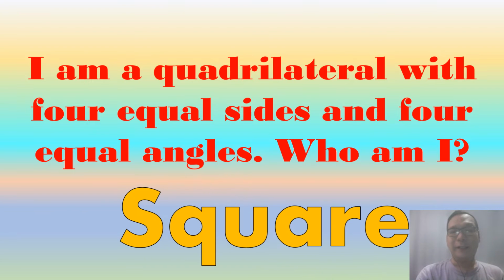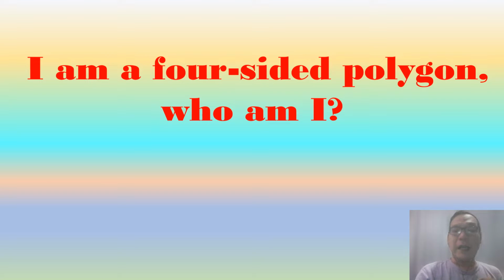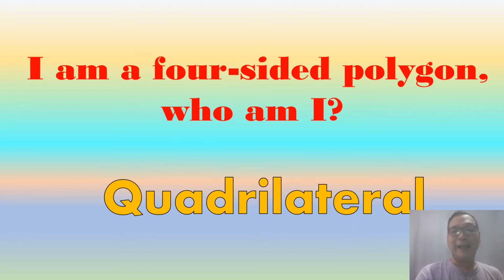Very good. I am a square. Next, I am a three-sided polygon. Who am I? Very good. I am a triangle. I am a four-sided polygon. Who am I? Very good. I am a quadrilateral.